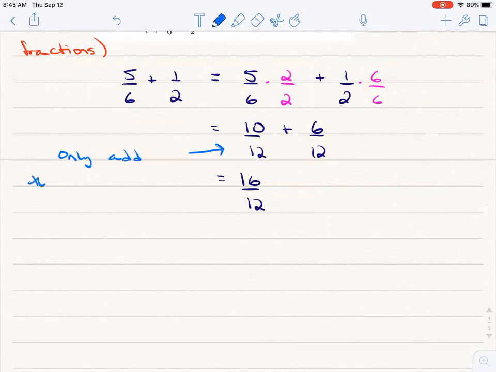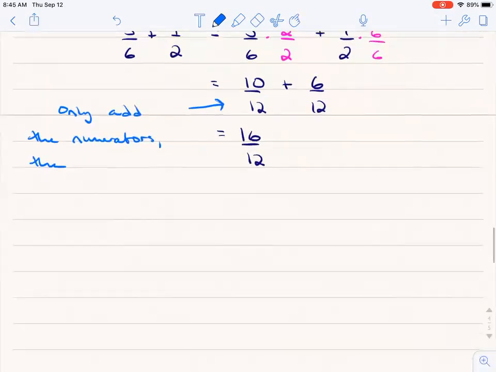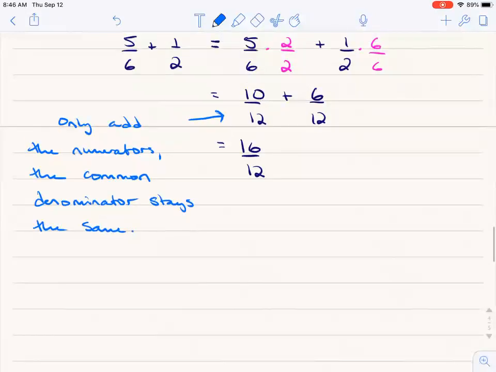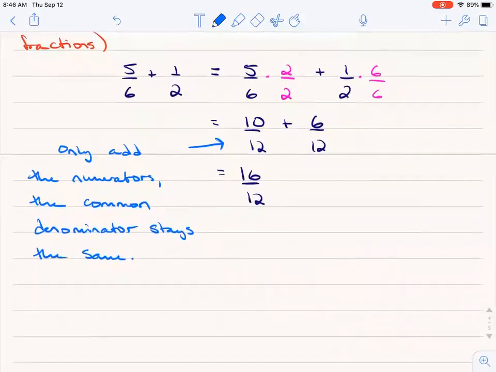Only add the numerators. The common denominator stays the same. As long as you got to 16 over 12 or some version of that, you did it.